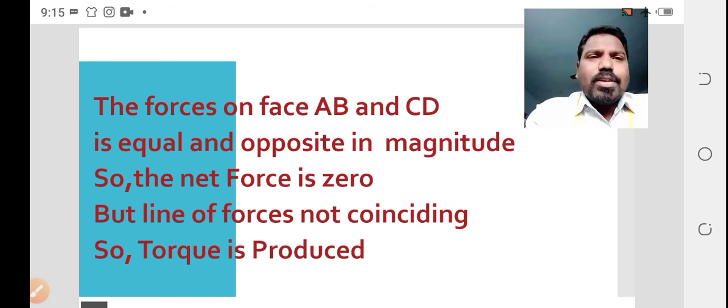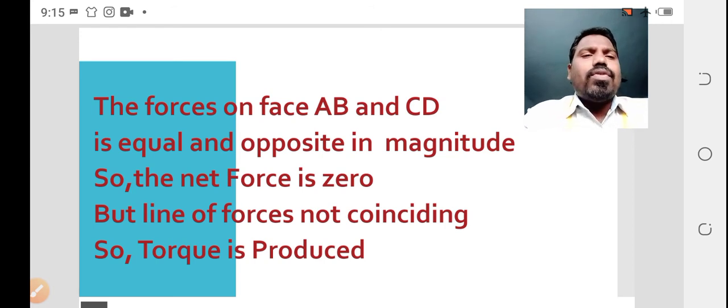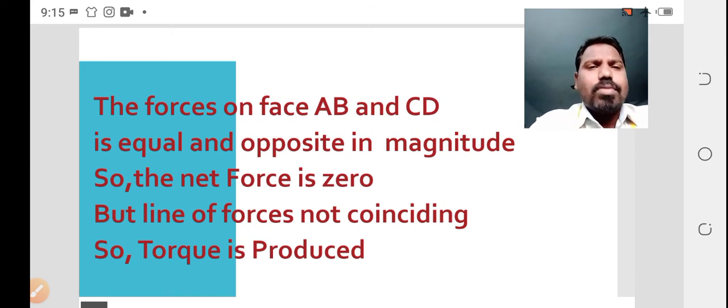But here you need to consider one thing: the lines of forces are not coinciding with each other. The net force is 0, but there is a small correction we need to understand. This is about the magnetic lines' characteristics, because the south pole and north pole lines are not coinciding.